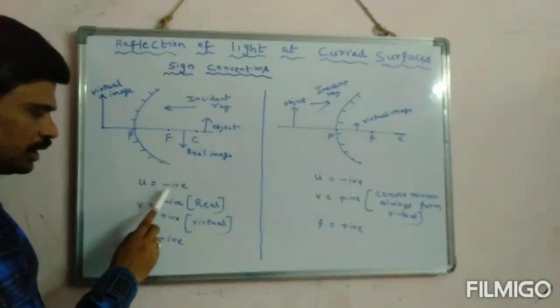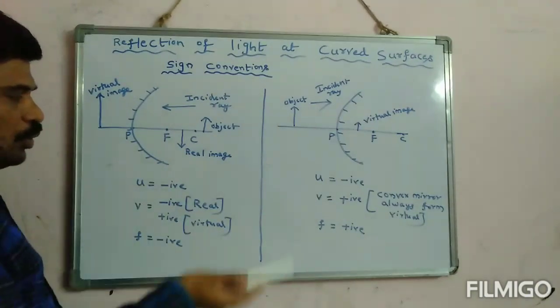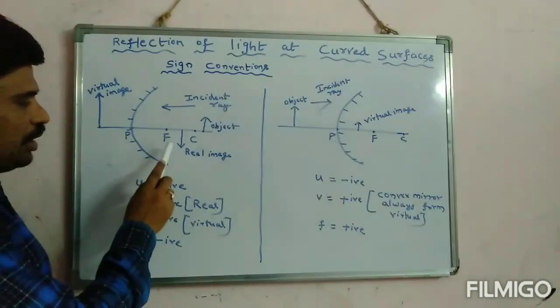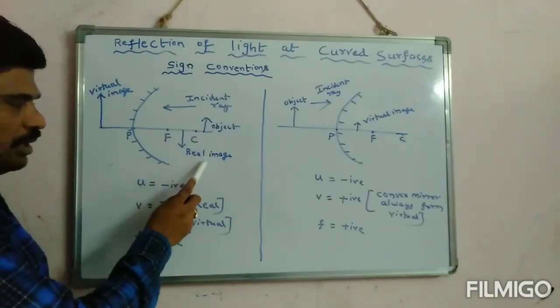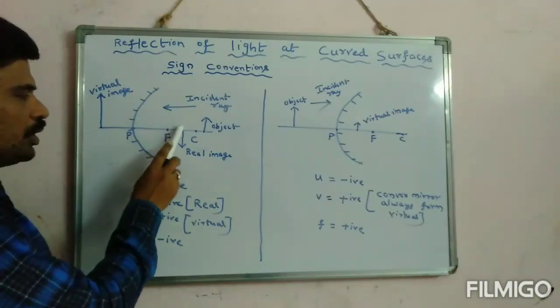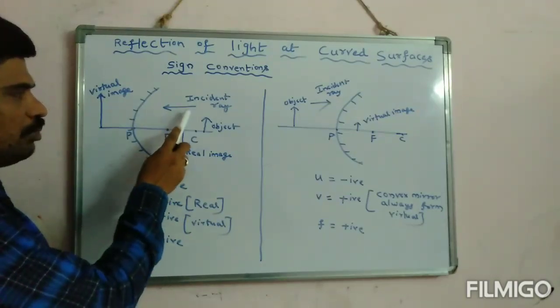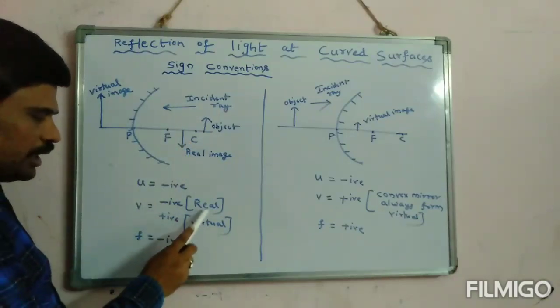Hence, object distance is negative. Next, what about the image distance? If the image is real, we are measuring from pole to real image in the opposite direction. Hence, v is negative for real image.